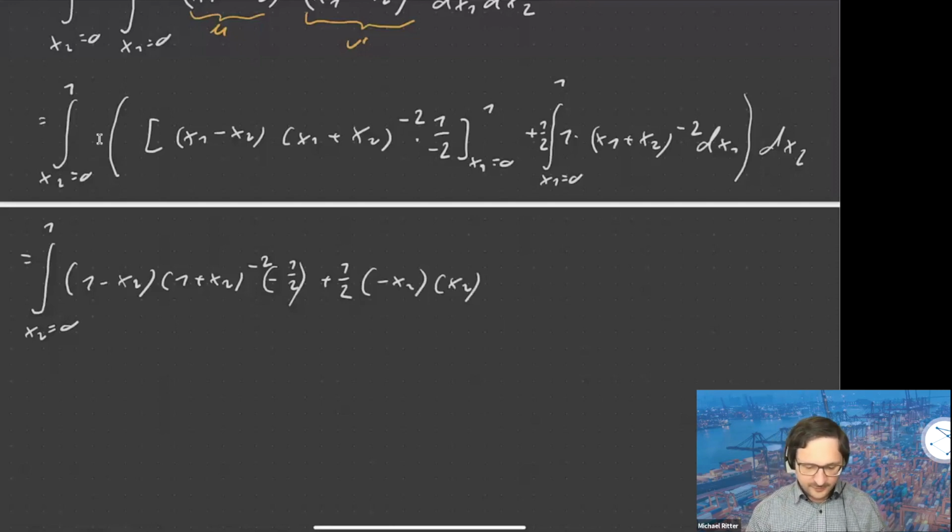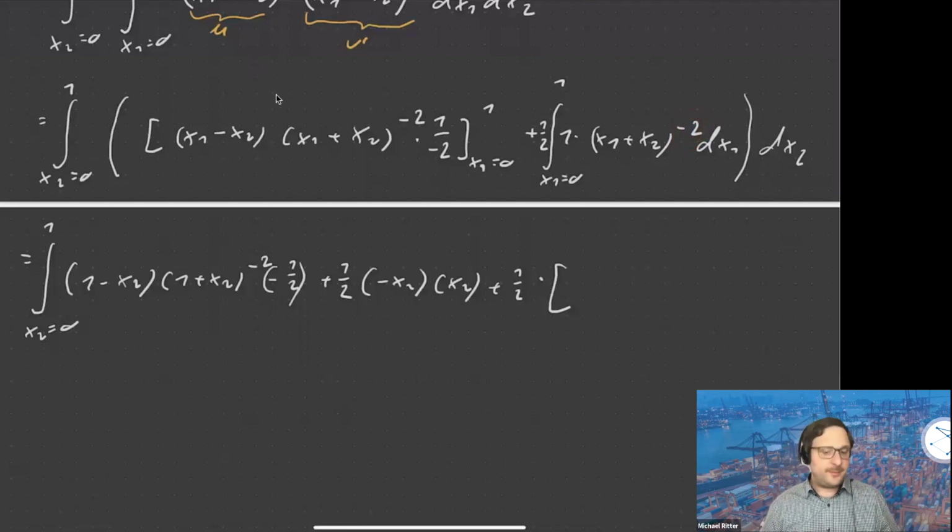And then we have to integrate this expression. And that works in the same way as I've just shown you. So we have plus 1 over 2 times this integral here. So that will be, you increase the exponent of minus 2 by 1, so you get minus 1.